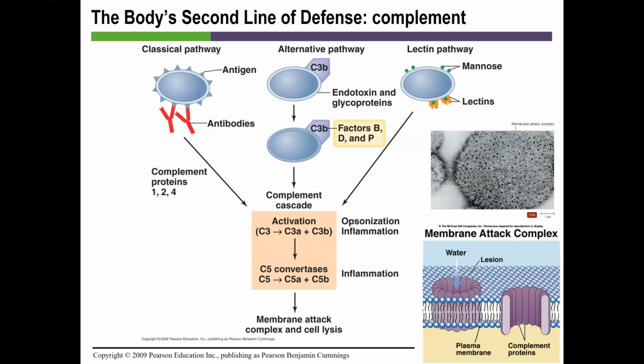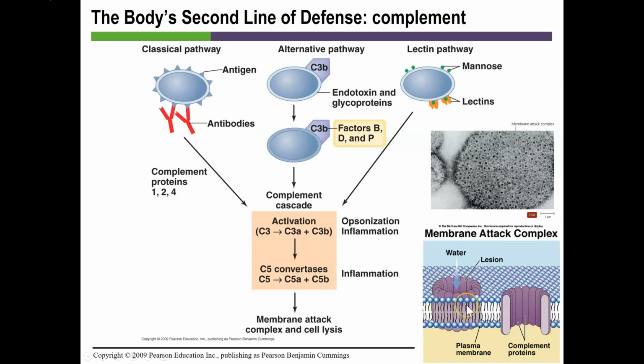All three of the pathways, although the initiation is different, once activated, they all converge to this little box in the middle. You do not have to remember what these different proteins are doing, but they ultimately assemble a membrane attack complex. If you look at the figure over here, the membrane attack complex looks kind of like a little barrel or a pore.